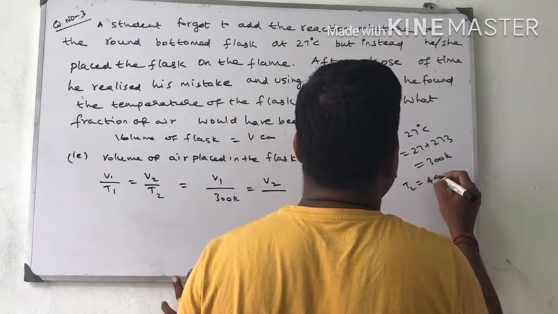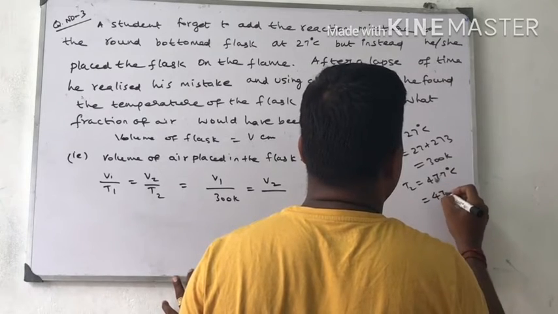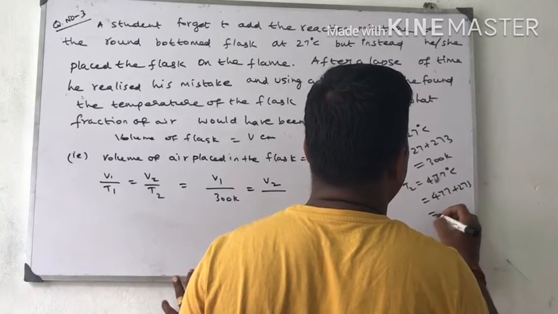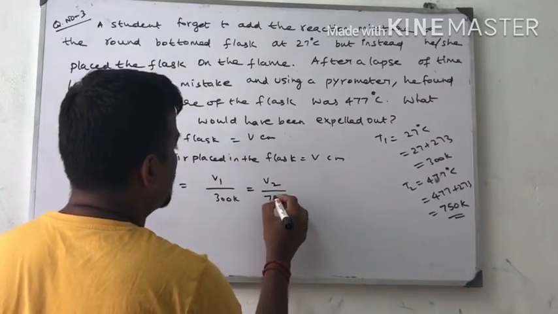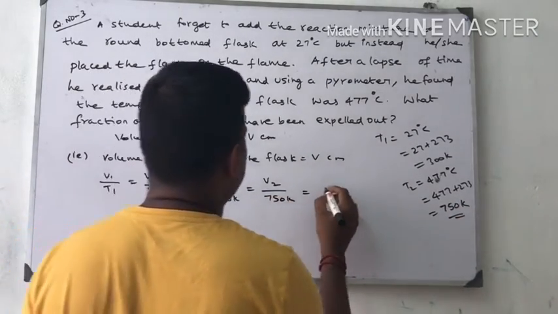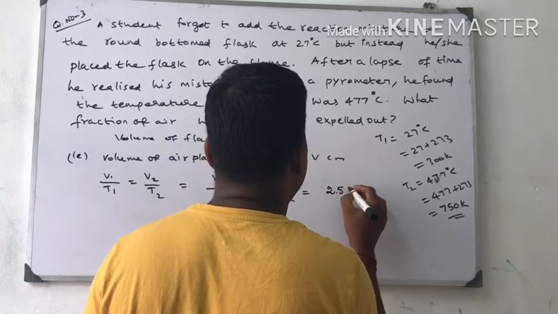T2, the final temperature, is 477 degrees Celsius, which is 477 plus 273, equal to 750 Kelvin. Substituting and simplifying, you get the answer of 2.5 V.